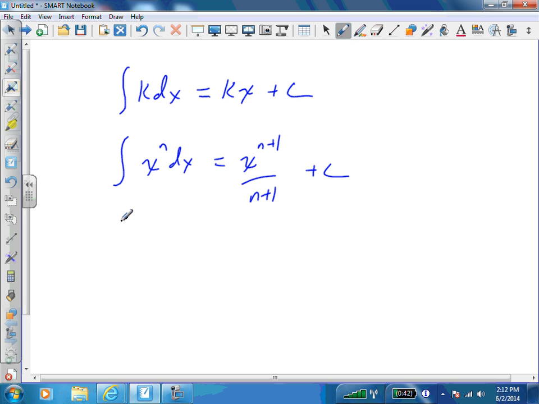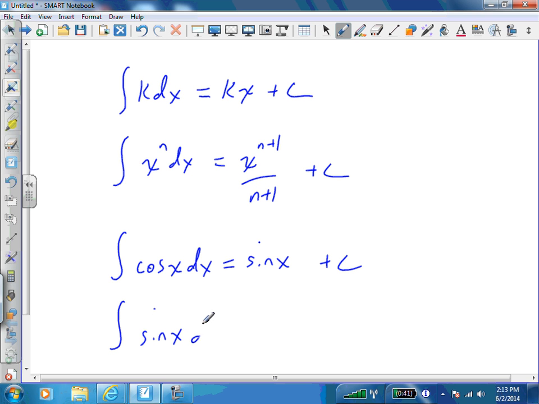Now we can integrate some trig functions. What function has a derivative of cosine? Sine. What function has a derivative of sine?